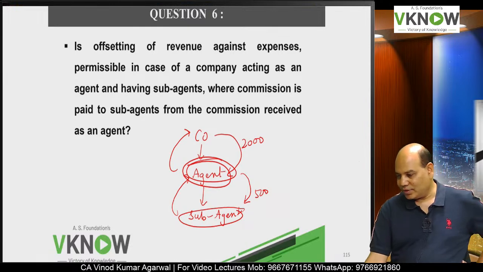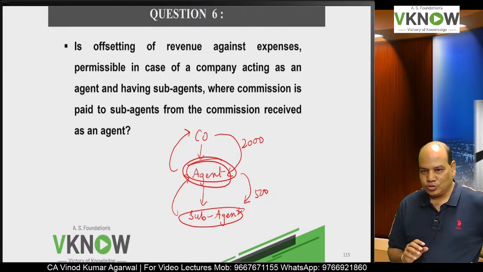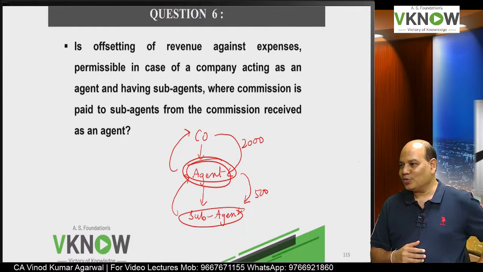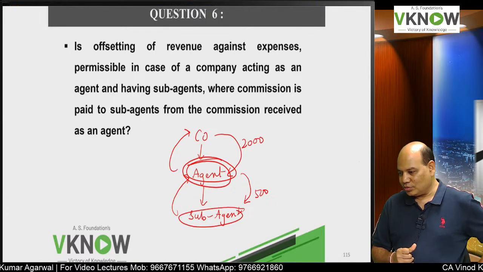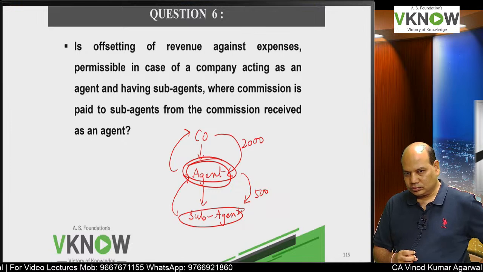report its income and expense. Whether 2000 rupees will be shown separately and 500 will be shown separately, or 1500 rupees net commission income will be shown. Why separately? This is not one transaction.